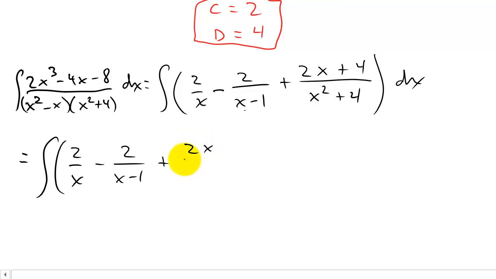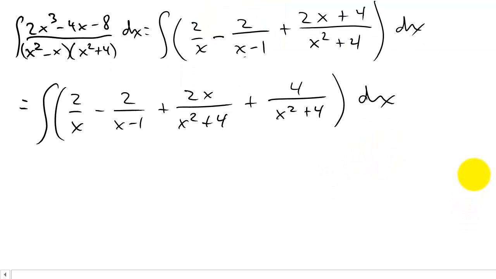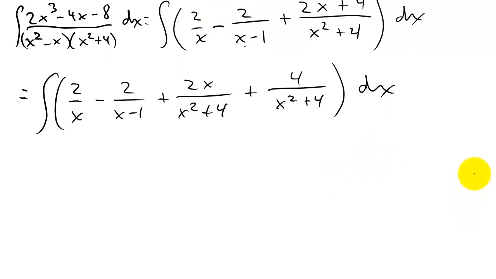So I get 2x over x squared plus 4 plus 4 over x squared plus 4 dx. And so we know this is natural log and this one's natural log.